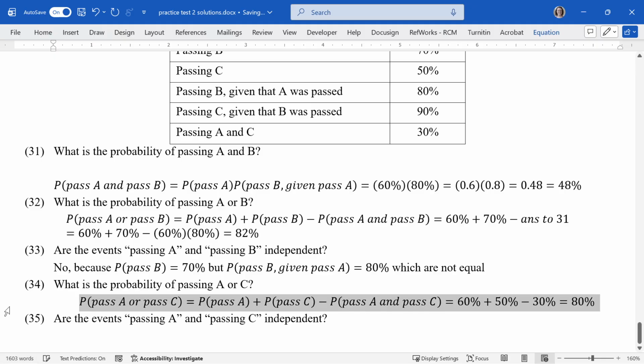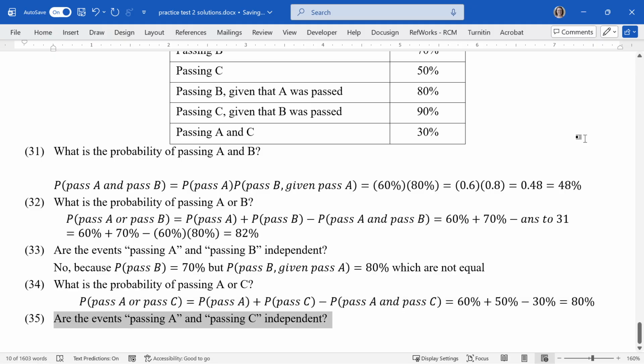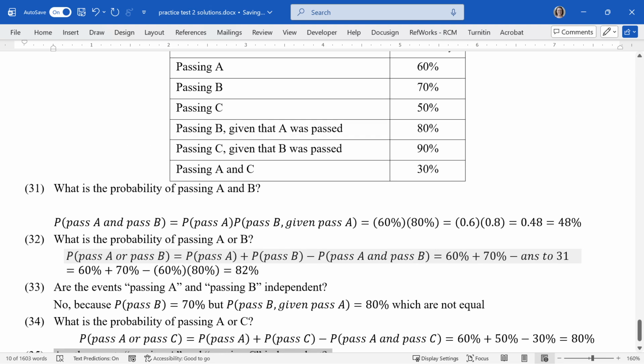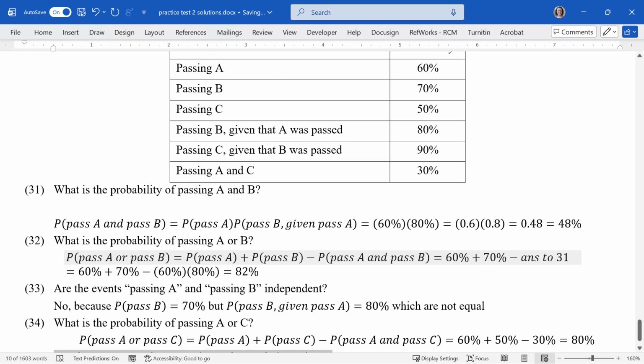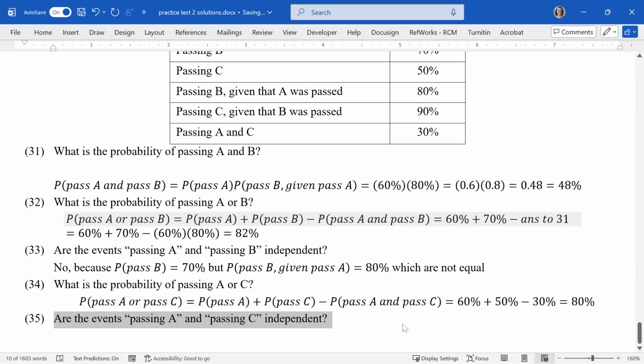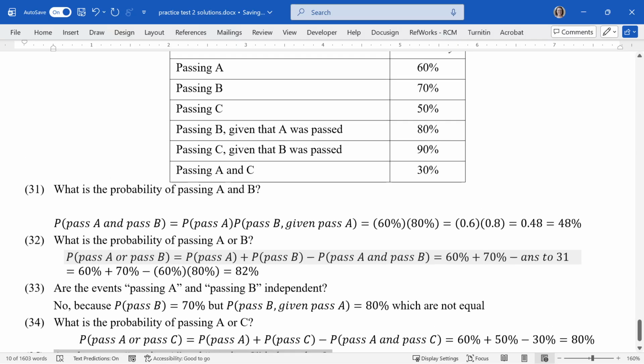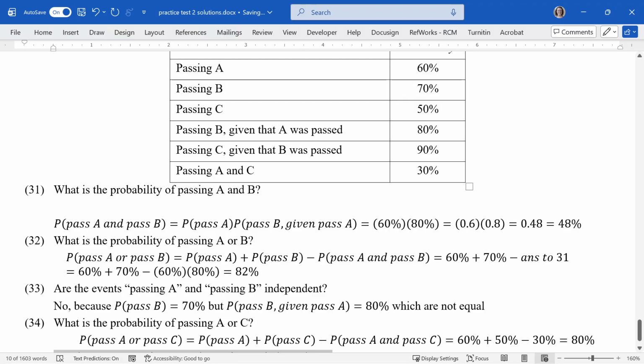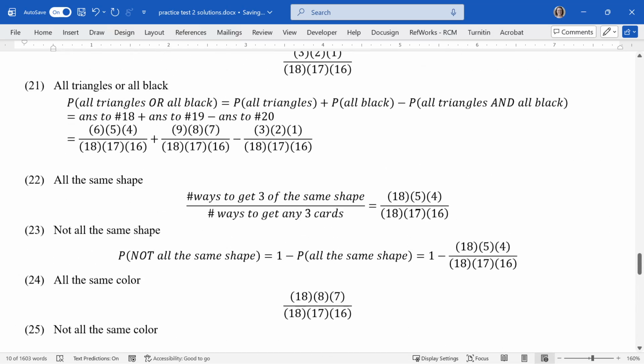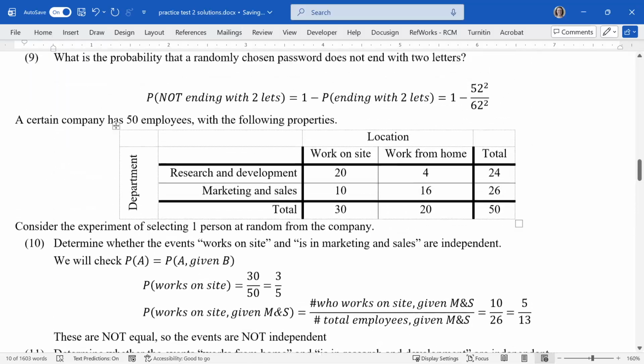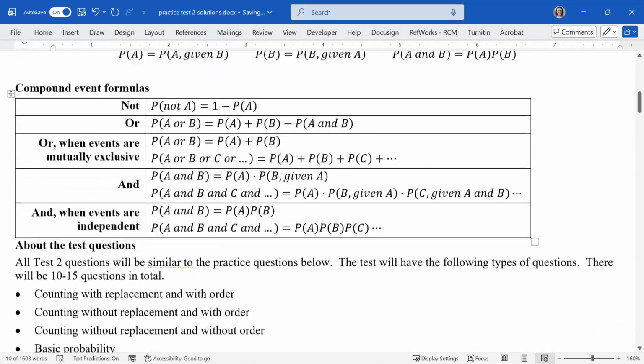All right, and then lastly, are the events passing A and passing C independent? I don't know. Let's check. I don't have any givens that relate A and C to each other, so I think my only choice is to check the third version of the equation.